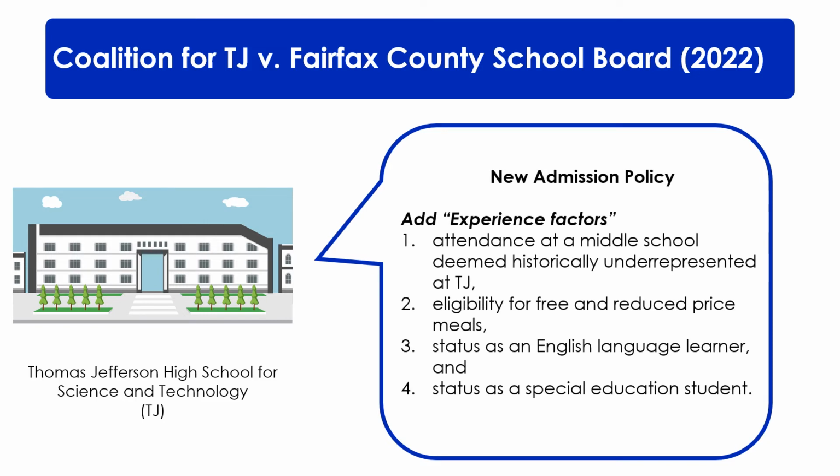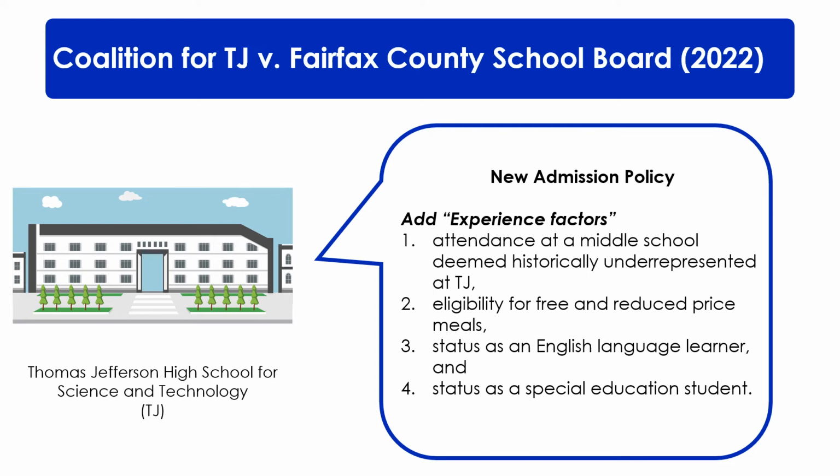Another change was the added experience factors, which included, first, an applicant's attendance at a middle school deemed historically underrepresented at TJ. Second, eligibility for free and reduced price meals. Third, status as an English language learner. And fourth, status as a special education student.